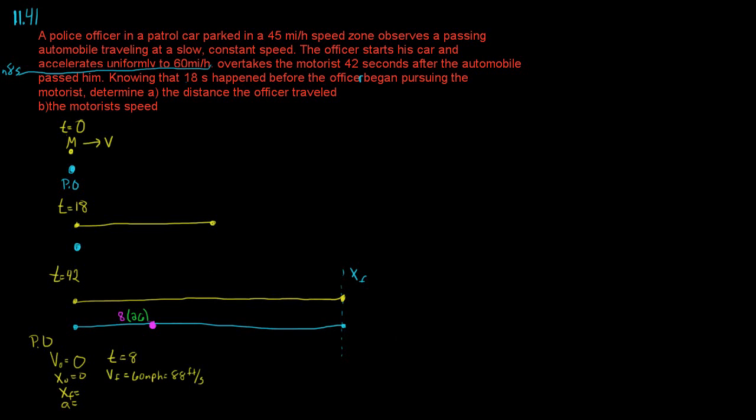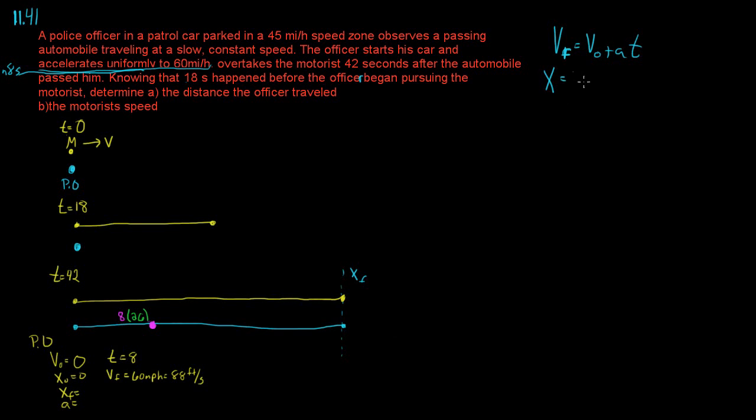The other really important piece of information given in this problem is that he accelerates uniformly. And what uniform acceleration means is we can use our kinematic equations. Final velocity is equal to initial velocity plus acceleration times time.